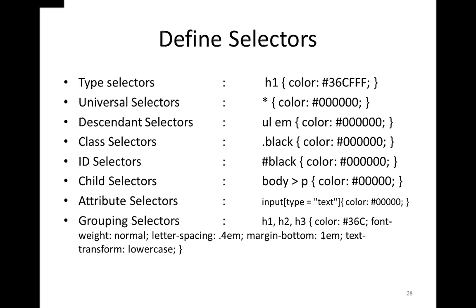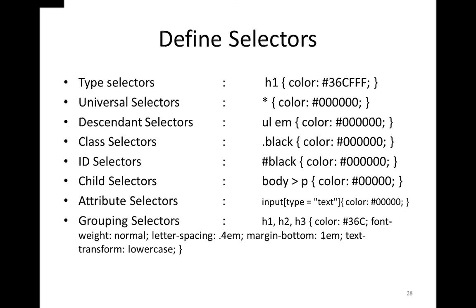Descendant selector means whatever style rule we have written is not only meant for that tag, but the same style rule is also applicable to the rest of the tags which are embedded or written within this particular tag.